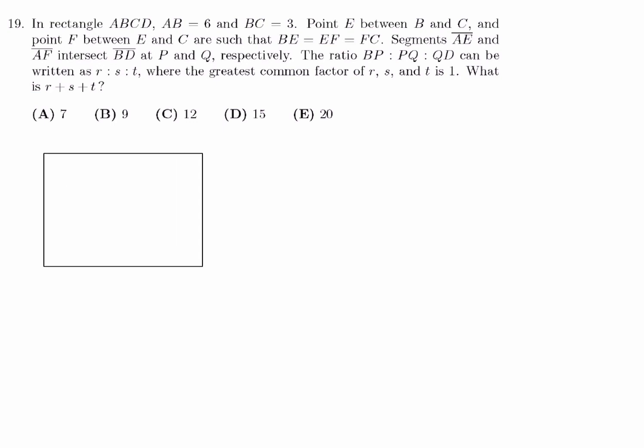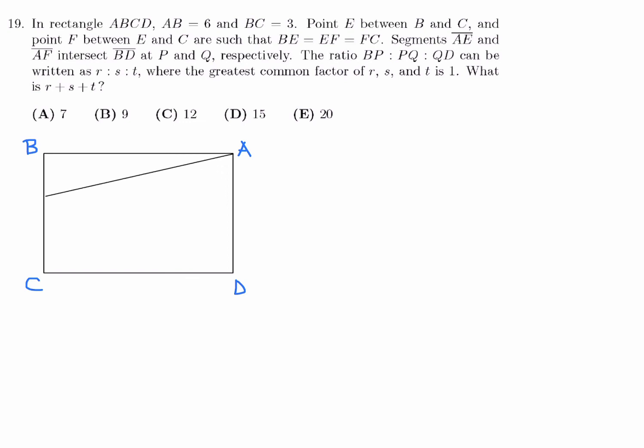Let's first draw a diagram as best as we can, and let's start labeling this now. So this is going to be A, B, C, and D, and then they're drawing lines that cut BC into 3 equal parts. So let's see if I can do that. 1 equal part there, 1 equal part right there, and then 1 line from B all the way to D. So let's label this now B, E, and F, and this is 1, this is 1, and this is 1.